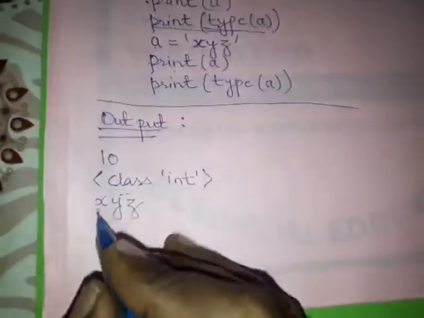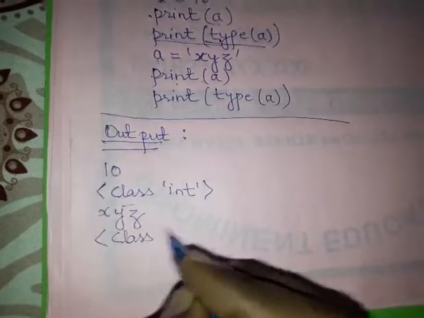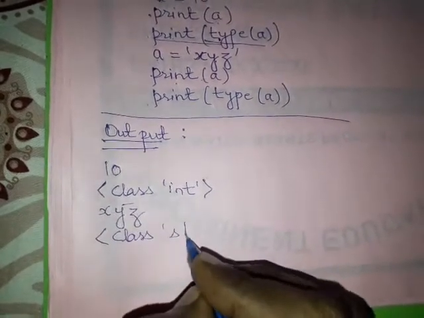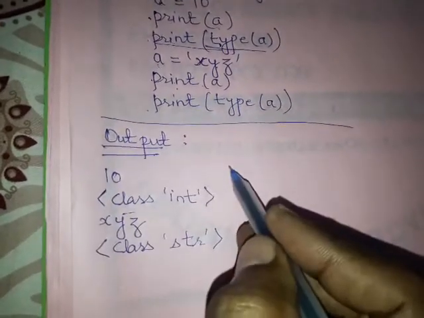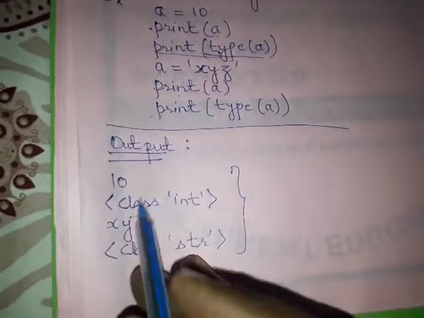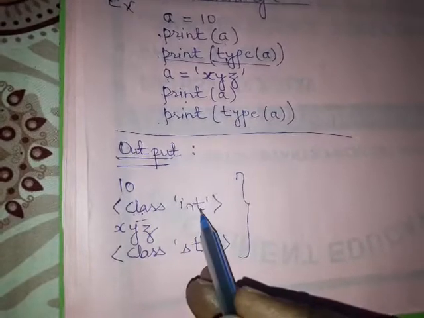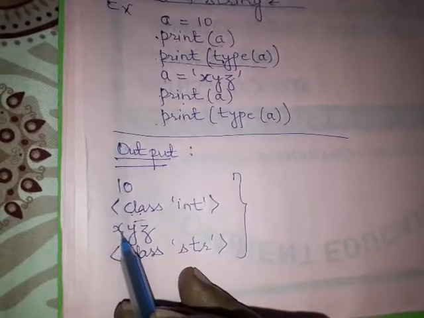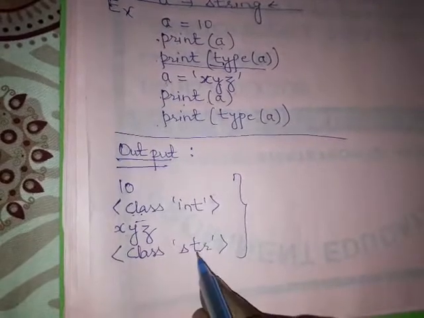This will again give you class str. So these four are the output statements, and you will understand previously a had type integer, and if you assign a string type value, then its type will be changed.